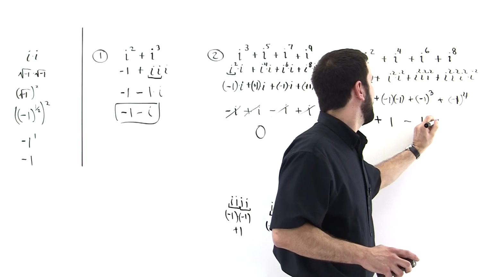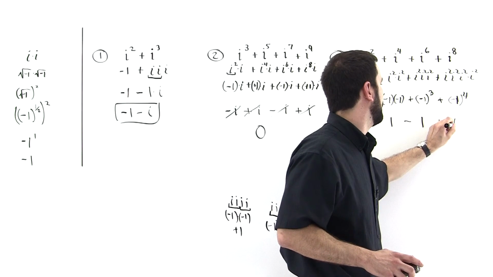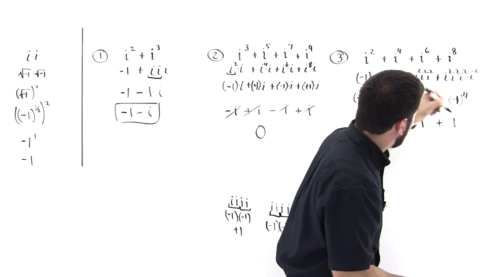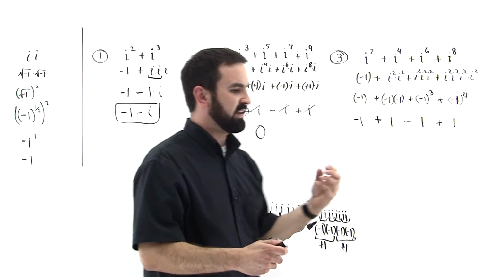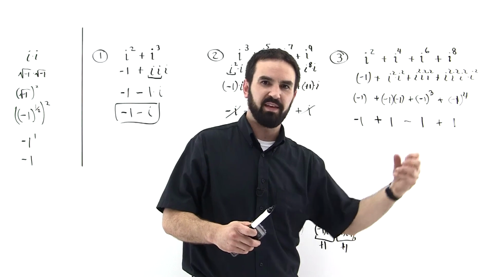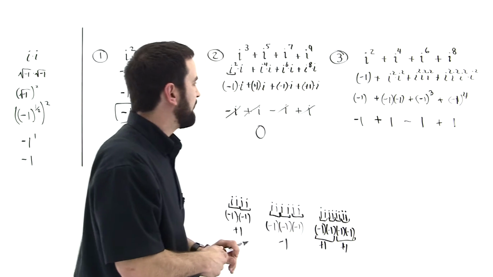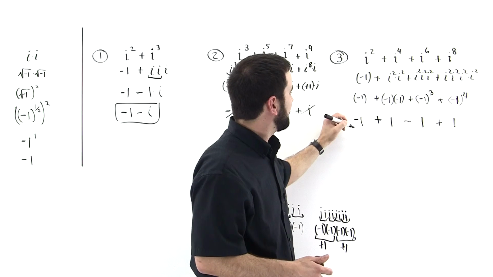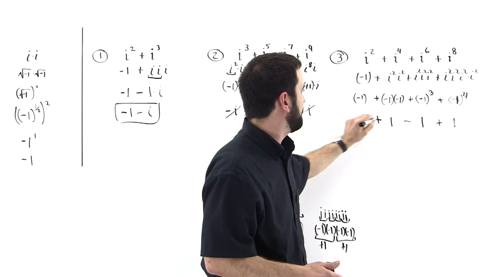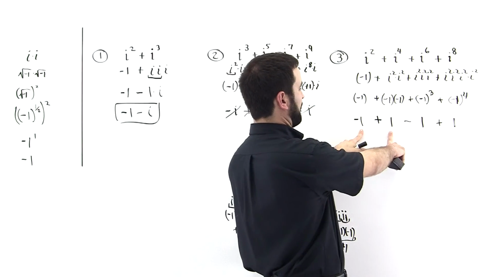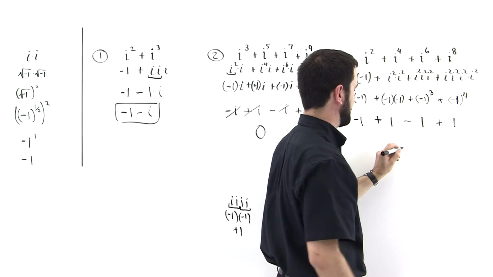And then this will yield a positive 1, because negative 1 times negative 1 gives a positive 1, and then negative 1 times negative 1 is positive 1 again. So we see that these cancel: minus 1 plus 1, minus 1 plus 1, so the answer for this one is 0 as well.